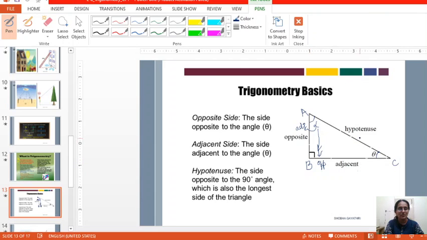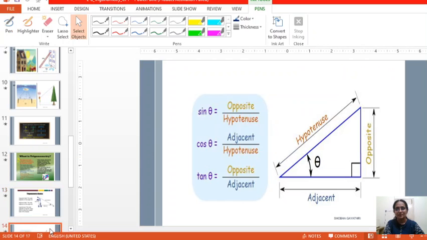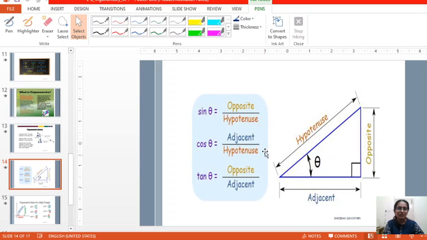You know the meaning of hypotenuse. You are familiar with this word from the Pythagoras theorem. The side which is opposite to the right angle is the hypotenuse. Now we will get the very basic trigonometric ratios for a right angle triangle.